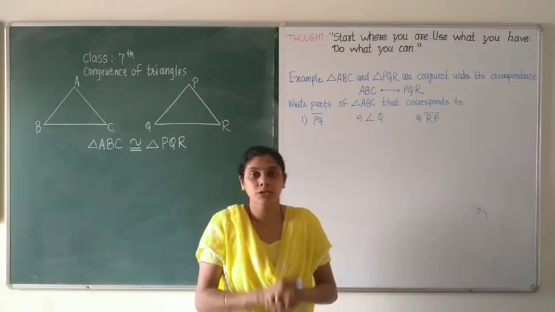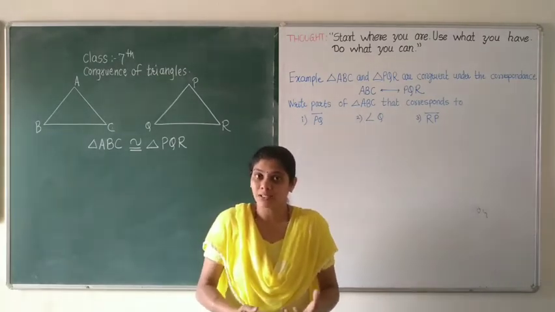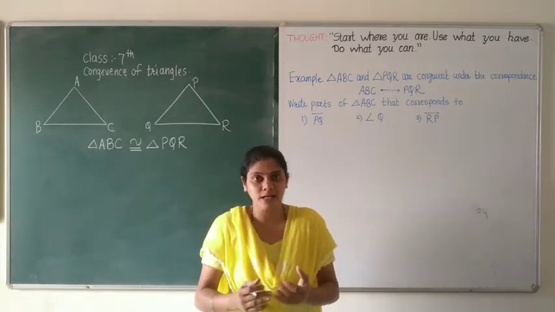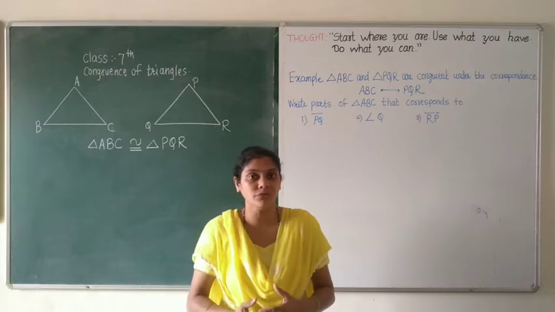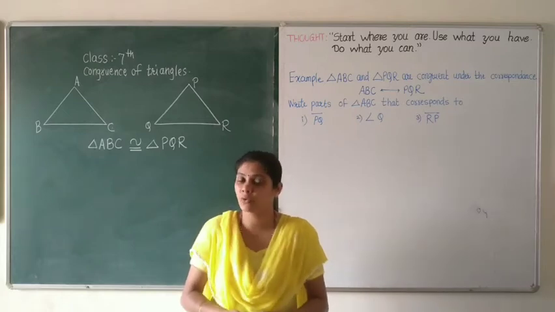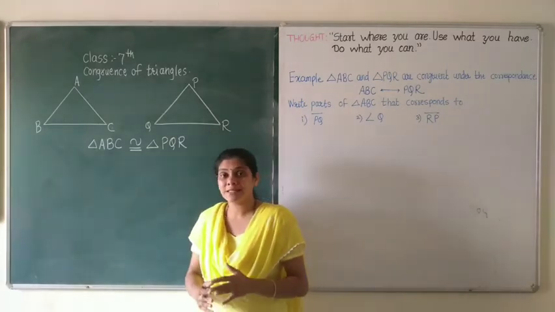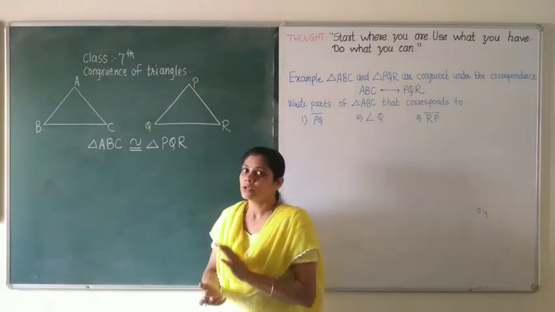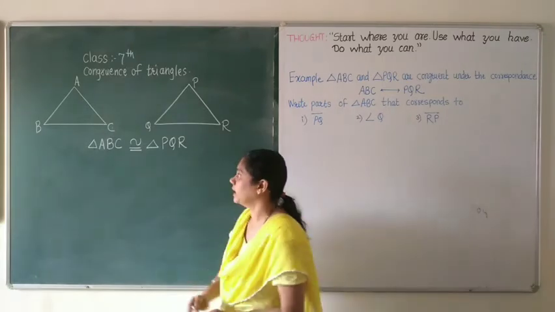Now we are going to discuss their sides, and we know that while writing the sides of triangles we always use the word or symbol of segment. Very good. So when I place the paper of triangle ABC on triangle PQR, which sides will fall along the other triangle?